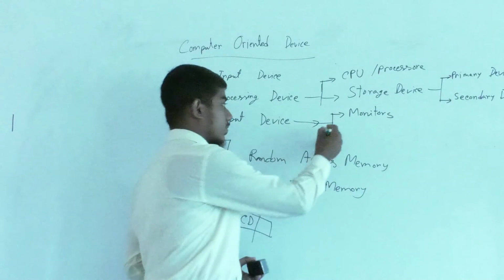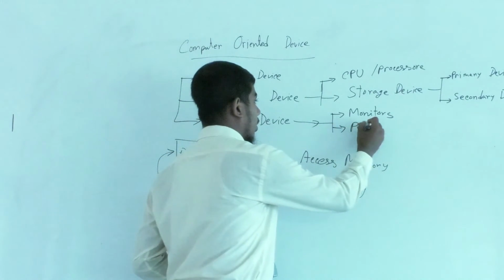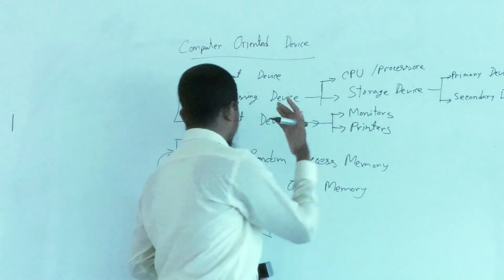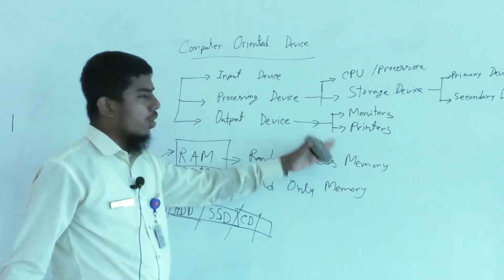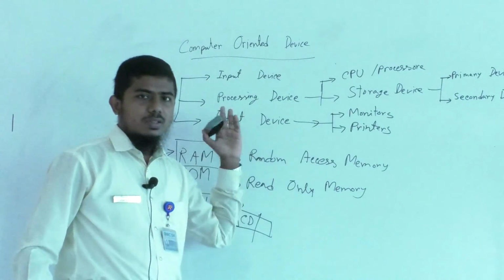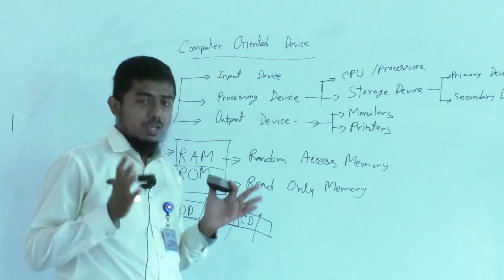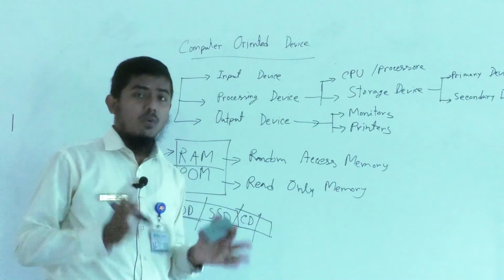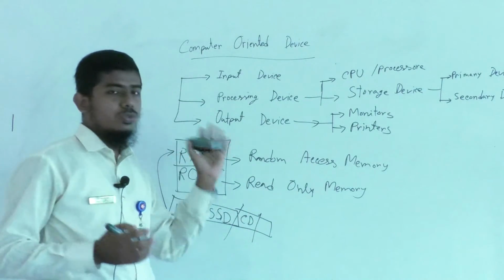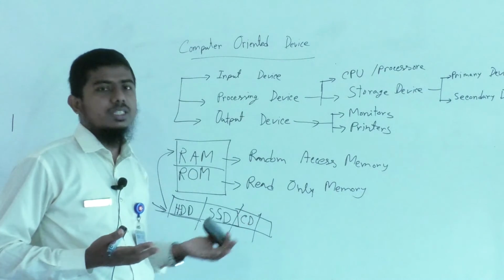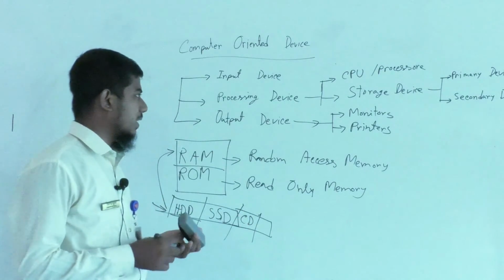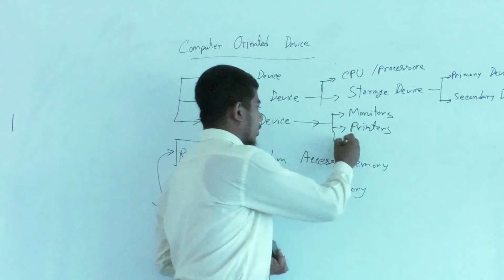The printers are also an output device. So monitors, printers, plotters, sound box, all these devices give us the output from processed data.